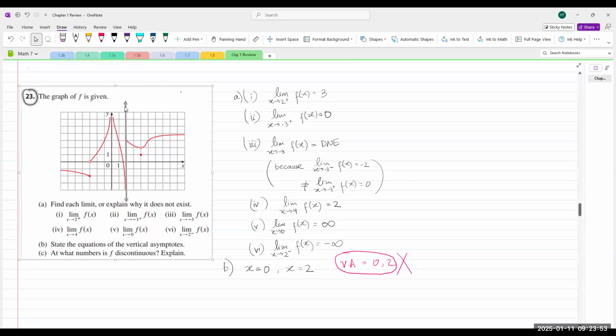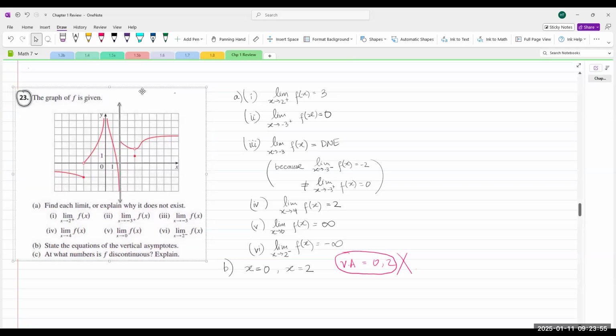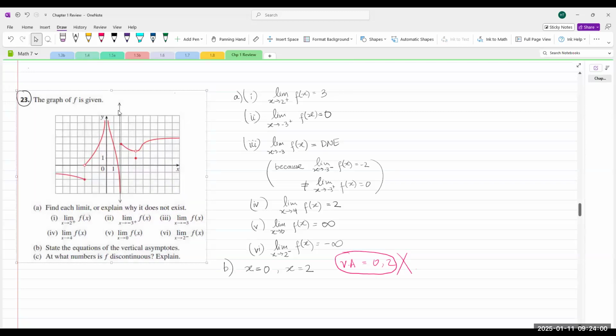We find negative 3. This is x equals negative 3, right? And then you approach the function from the right-hand side. What is the value of the function, the y, approaching when you go from the right-hand side? That's right, that's 0.